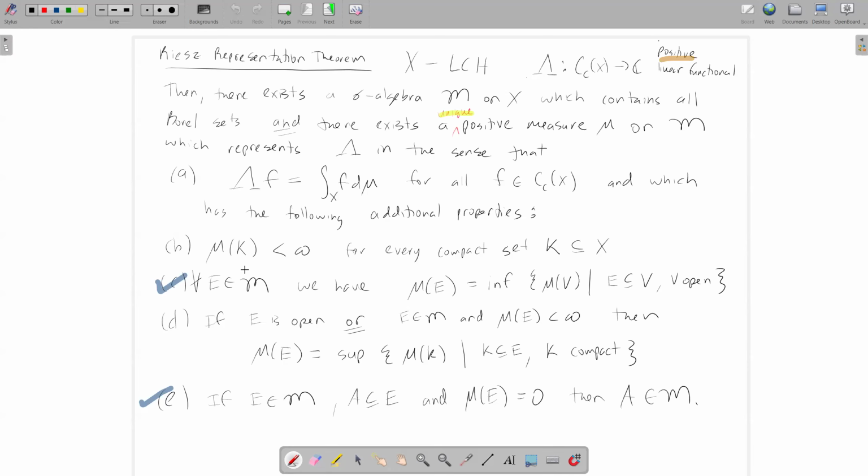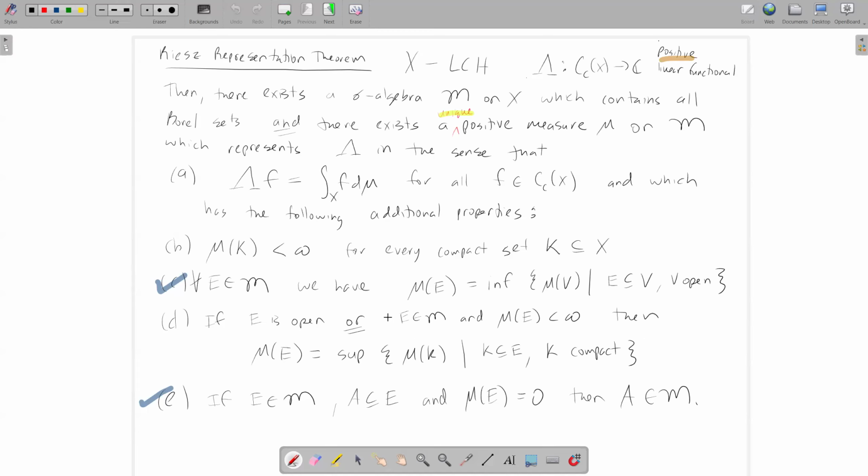We haven't proven that compact sets have finite measure. And we haven't proven that if E is open or E is in M and has finite measure, then it's equal to the supremum of the measures of K, where K is compact and contained in there.